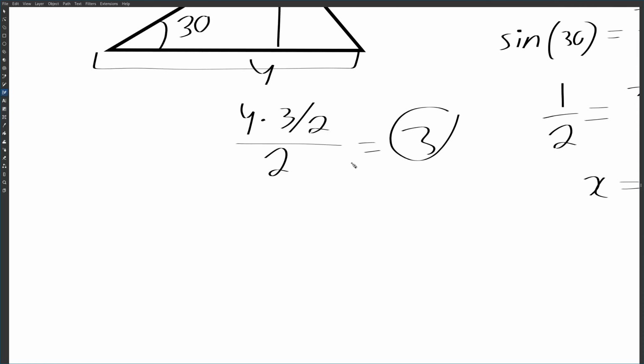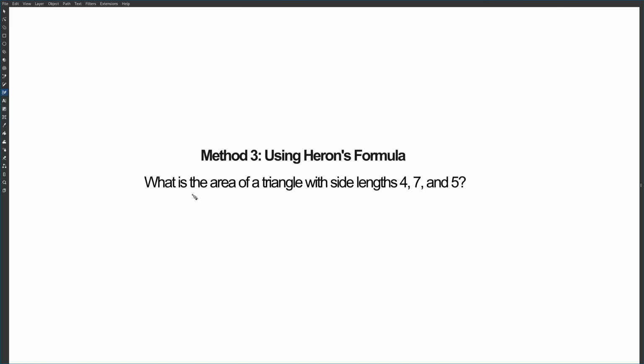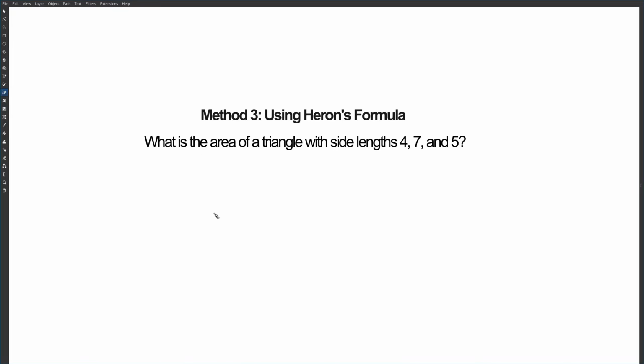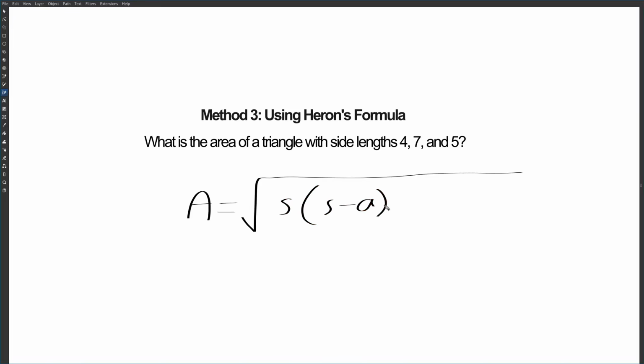Okay, now for the third method, which is, okay, what is the area of a triangle with side lengths 4, 7, and 5? So the formula says area is equal to, we're going to have a long radical, it's going to have a nice pattern. S times (S minus A) times (S minus B) times (S minus C). Okay, and you might ask, what's this S?